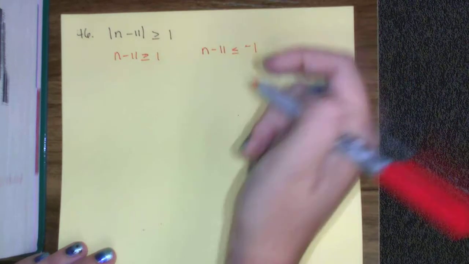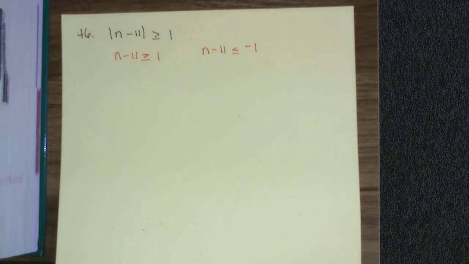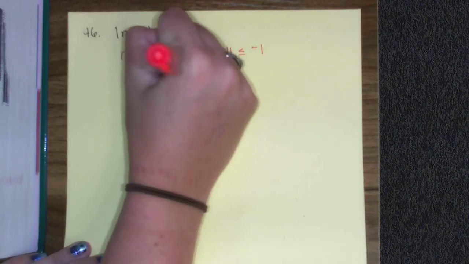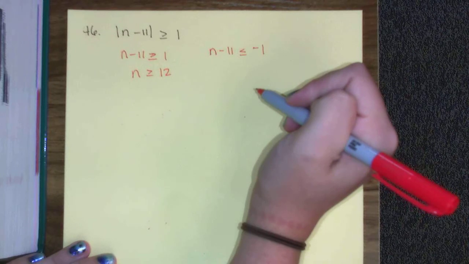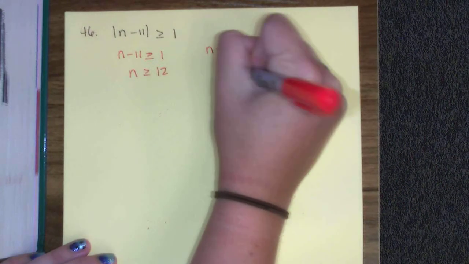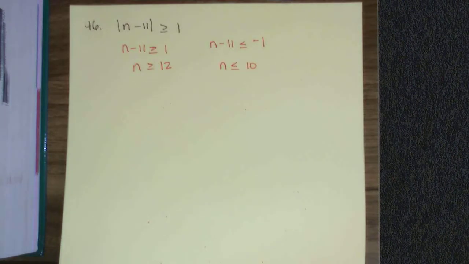Okay, so when we do the negative one, remember we have to flip the sign, because essentially we're dividing by a negative. So then solve for n. And in the other one? Yes, but we need to write them correctly.